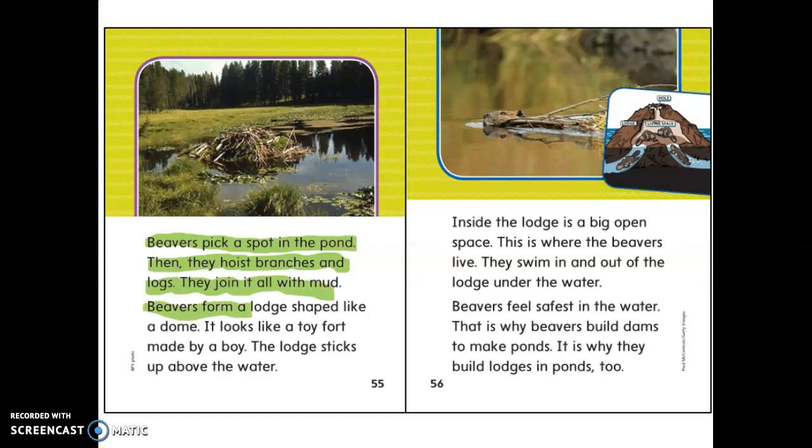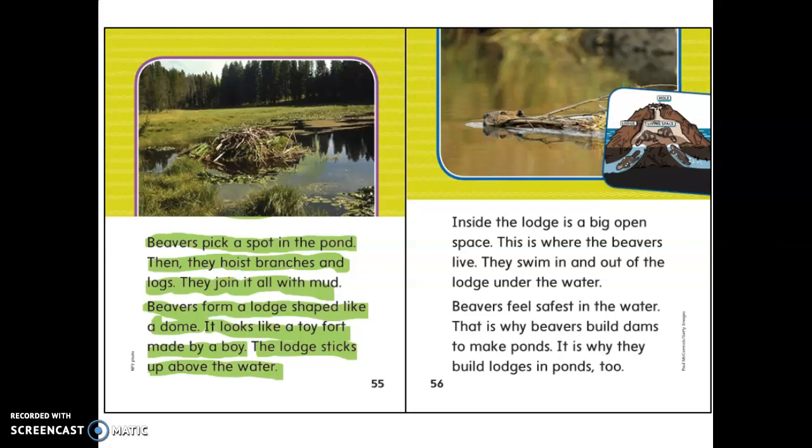Beavers form a lodge shaped like a dome. There's the dome shape in that picture up there. It looks like a toy fort made by a boy. The lodge sticks up above the water.